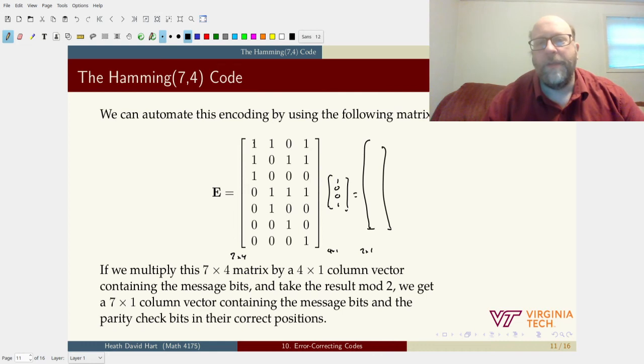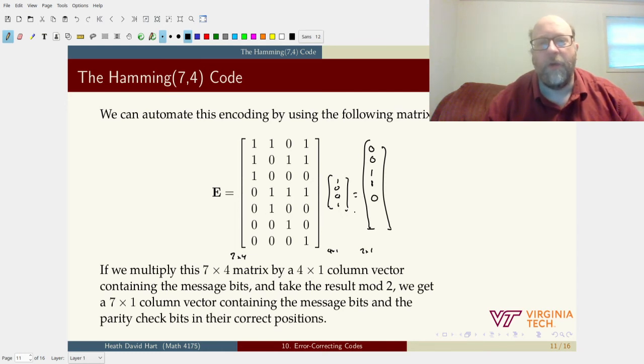So we can see how this is going to work. The top row is 1101 times 1001. 1 times 1 is 1, plus 0 plus 0 plus 1 gives me 0 again. 1 times 1 plus 0 plus 0 plus 0 is 1. 0 times 1 plus 0 plus 0 plus 1 is 1, and so on and so forth.